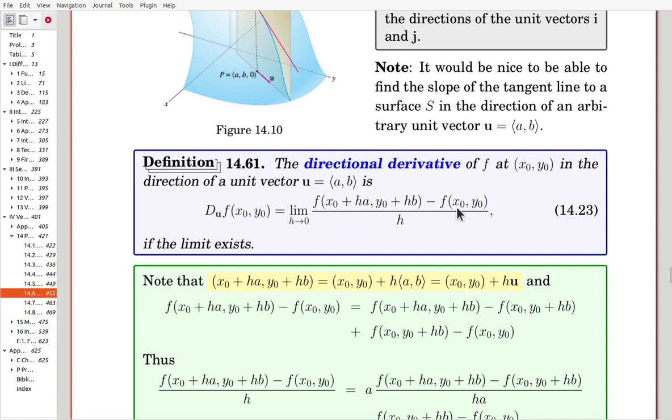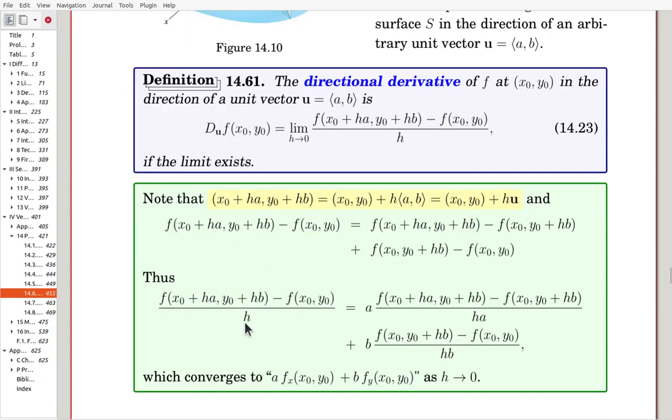This numerator can be written into these two parts by subtracting this quantity and adding the same. Now divide by h, so divide by h for that one. Rather than h itself, we put a here, and b here. Okay, that'll be quite clear with this explanation.